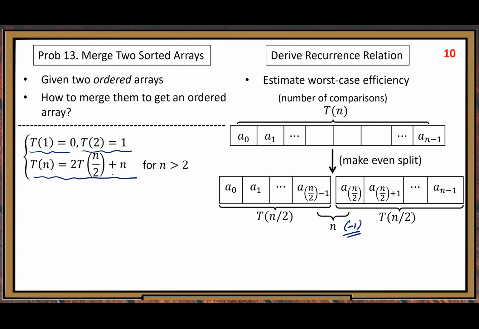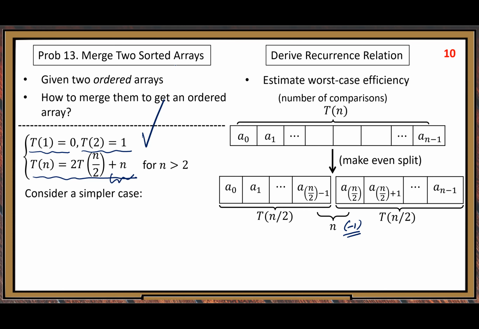But you need a last merge step. We know we only need n minus 1 comparisons for the worst case, but that minus 1 is too little, so we just drop it and put n here for simplicity. So the next thing is we need to solve this recurrence relation to find the answer.